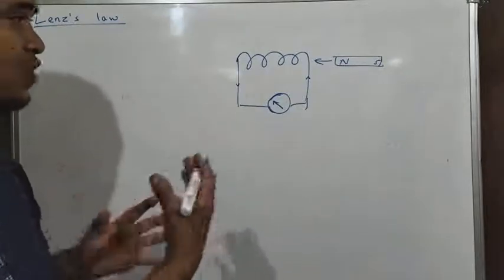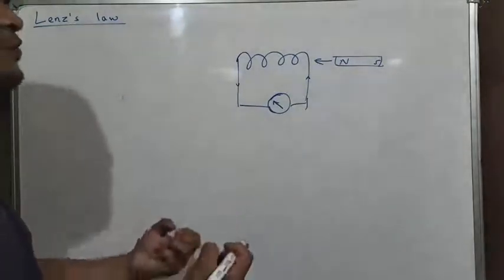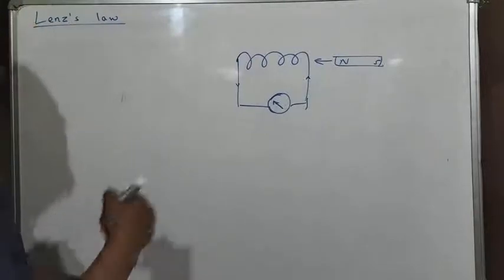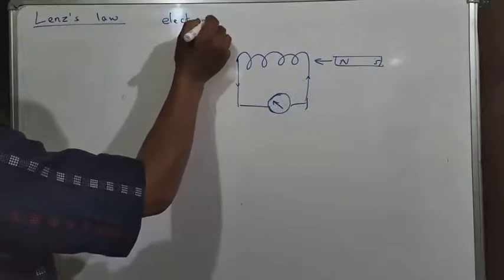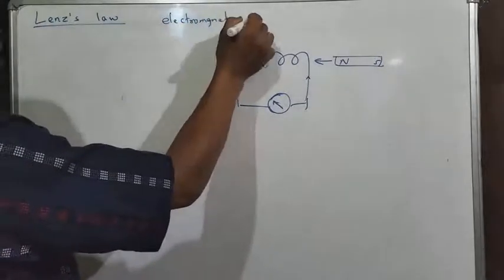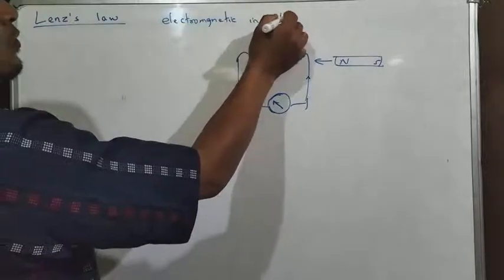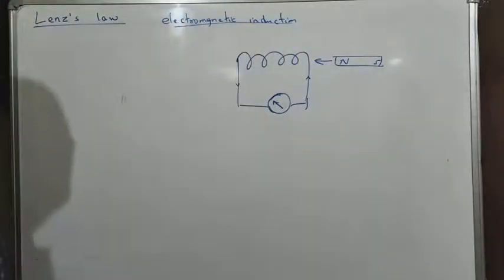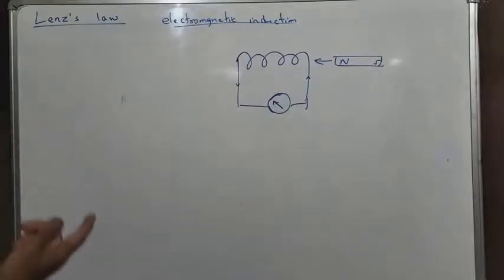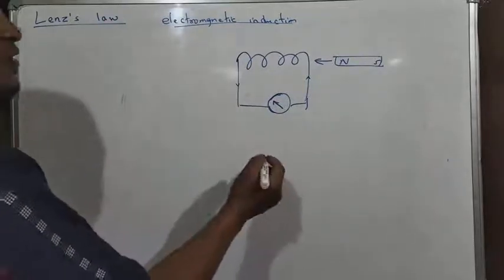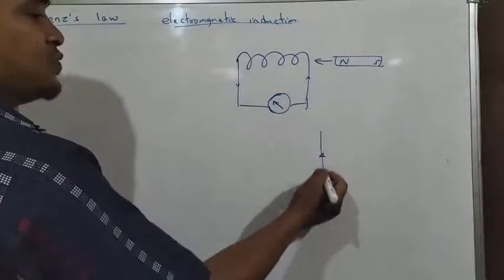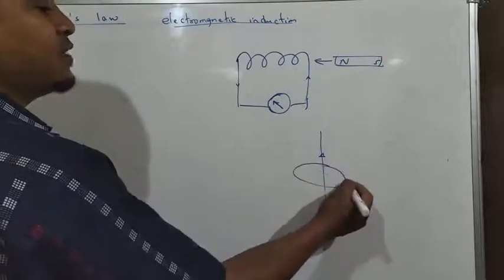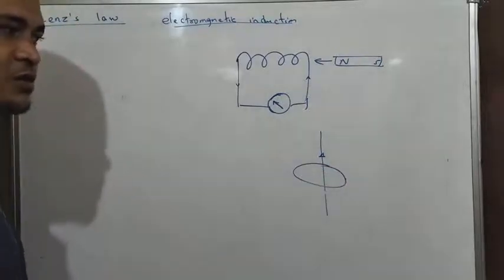This phenomenon of production of electric current from the magnetic field is known as electromagnetic induction. It is just opposite to the magnetic effects of current, because when a current is passing through a conductor, we get a magnetic field around the conductor.